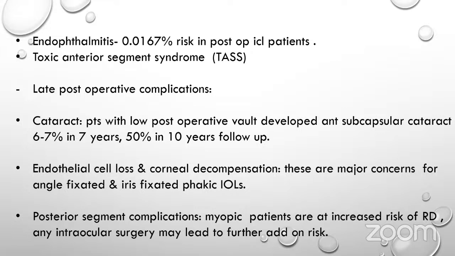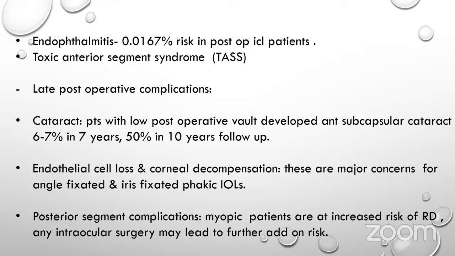Where is this data from? Uh, the AIOS document is there. Is there any reference to that? Because this is too high. We haven't seen any such. We see hardly less than 1% of patients even after 10 years developing cataract.